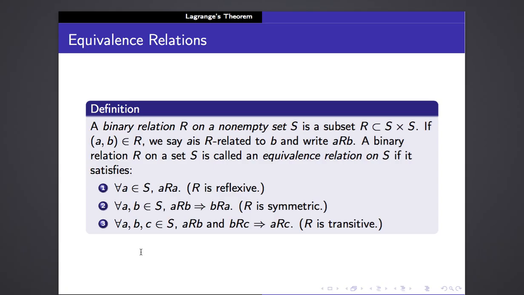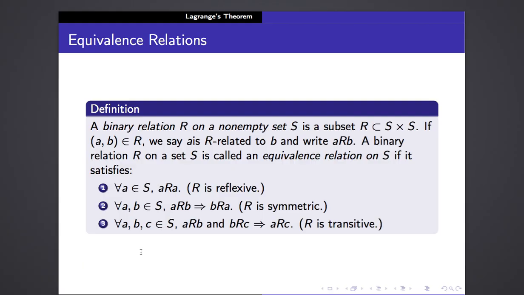Okay, first we discuss equivalence relations. So here's the definition. A binary relation R on a non-empty set S is a subset. So it's simply a subset R of S Cartesian product S. Since it is a subset of the S Cartesian product S, the elements of R would be the ordered pairs, right?